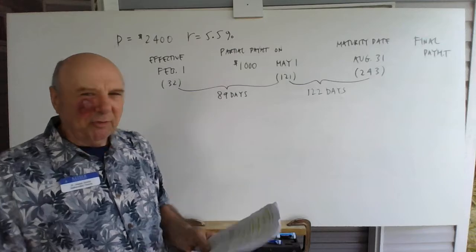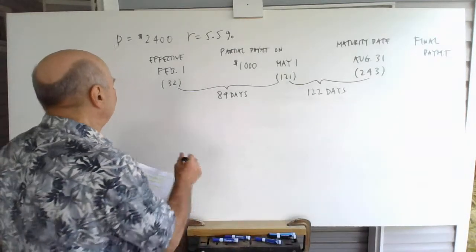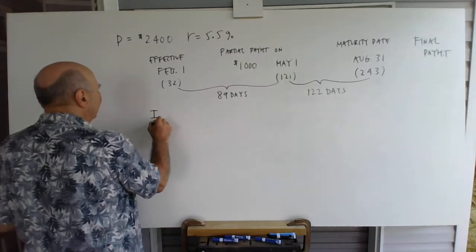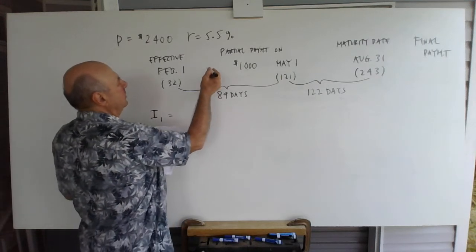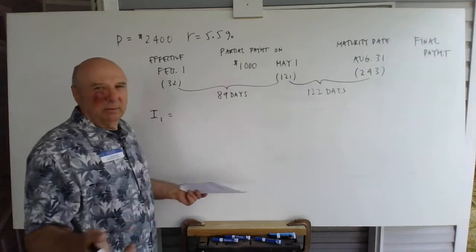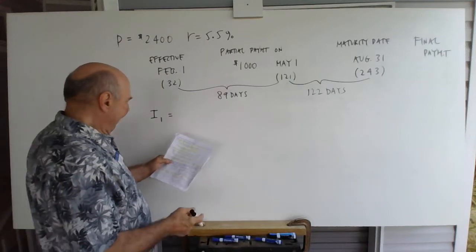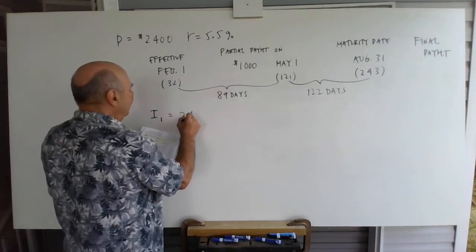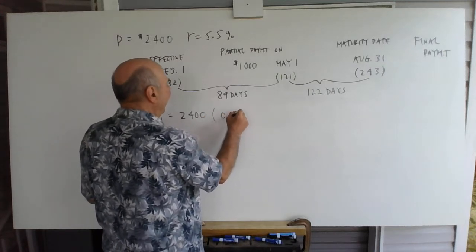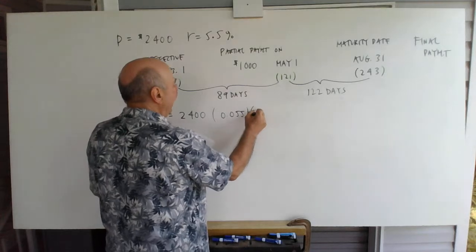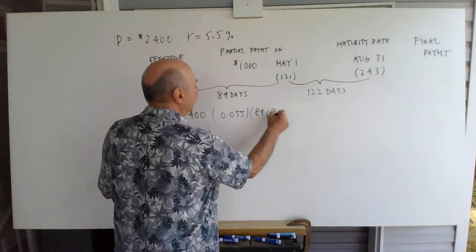On May 1st, how much interest do I owe? I'm going to call it I1, the first interest. That will be the principal times the rate, which is 0.055, times the time, which is 89 divided by 360.